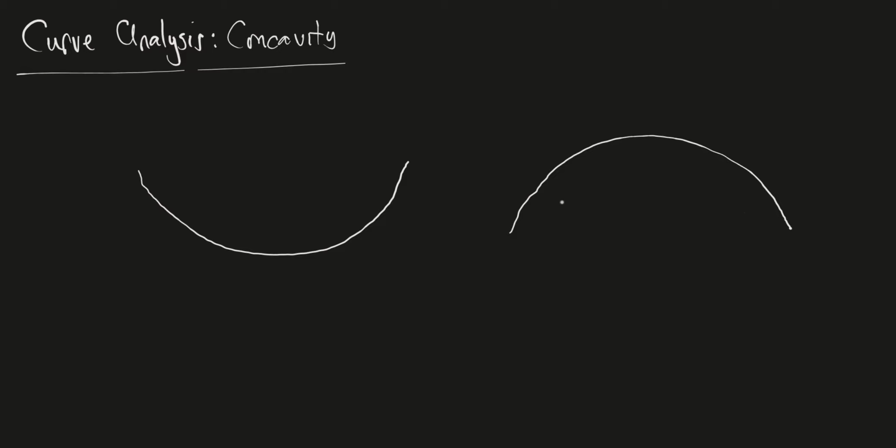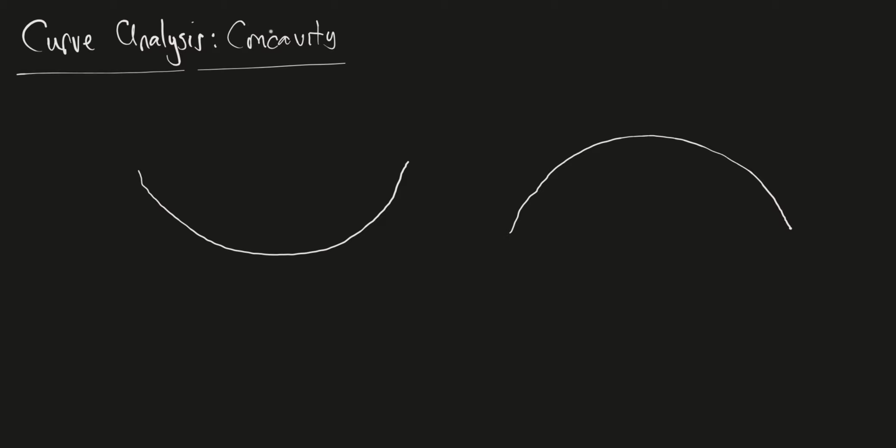If you think about what we've previously done with the analysis of curves and how derivatives affect certain properties of the graph, you can see this one is decreasing and then increasing, and this one is increasing and then decreasing. So both of these exhibit the two main properties that we've talked about.